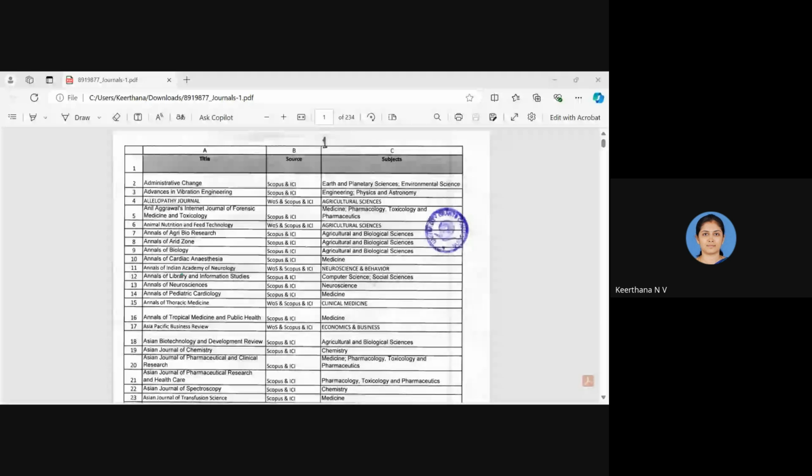See here, these are the UGC journals. This document contains what journals are available under Scopus.